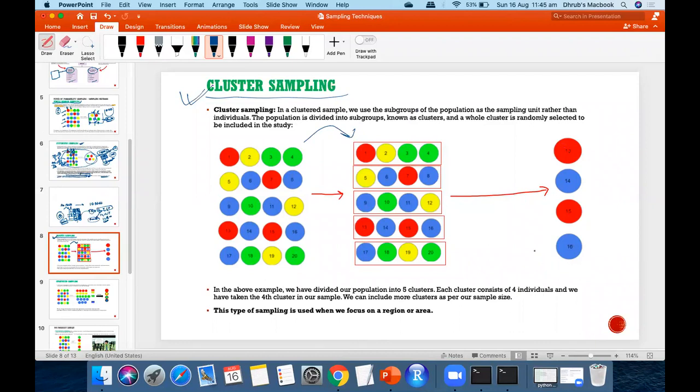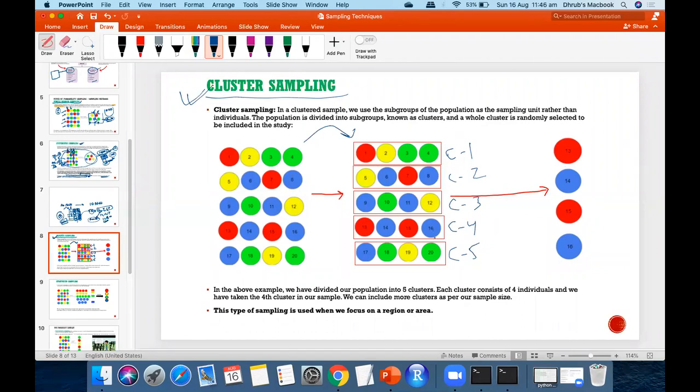I'll divide my population into clusters of 4, meaning 4 data points in one cluster, and I'll divide the whole population into this type of clusters. For example, this is my cluster 1, this is my cluster 2, this is my cluster 3, this is my cluster 4, this is my cluster 5, and I'll randomly select one cluster out of all the clusters.